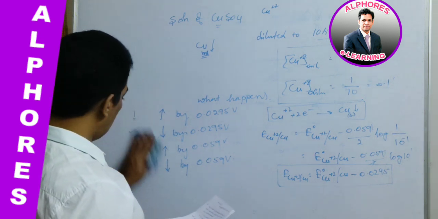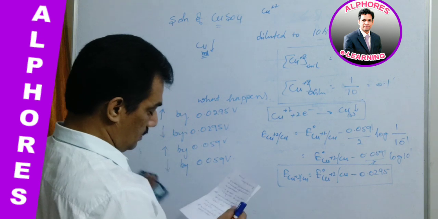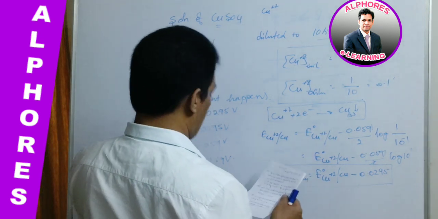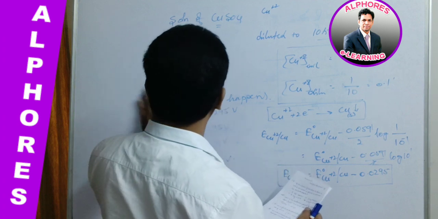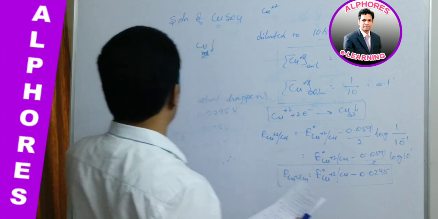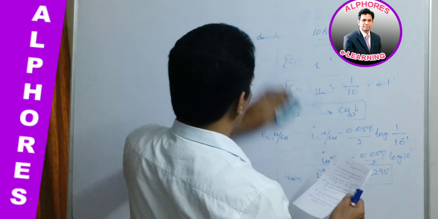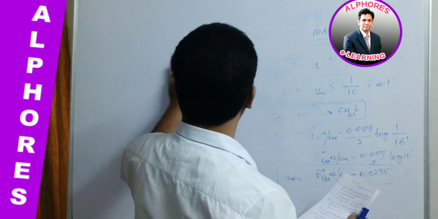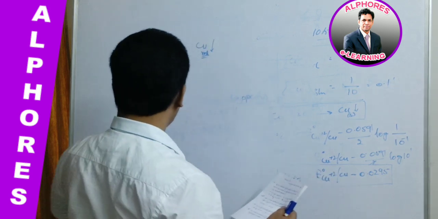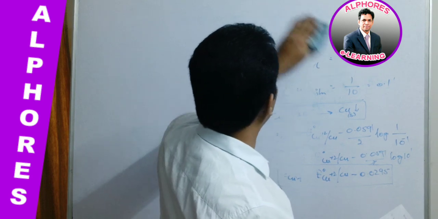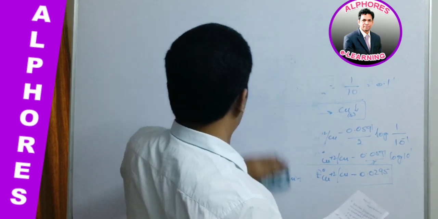You have to solve it on your own. It is given directly: the reduction potential of a 0.01 molar hydrogen electrode. You try to solve this question, and we will discuss the solution in the next session.